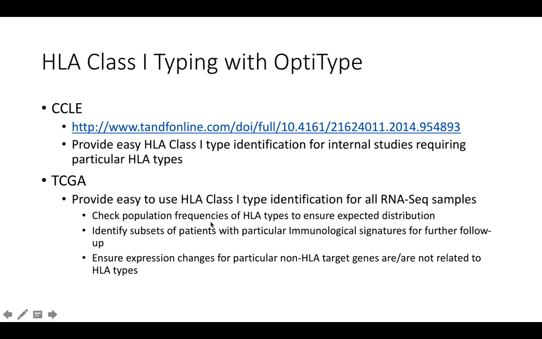You could potentially identify subsets of patients with particular signatures for further follow-up. And you can also do things like, if you found a target gene where you're seeing an overexpression, ensure that every sample that's upregulated isn't a particular HLA type. It probably wouldn't be, but these are the types of questions that I've been told people would potentially use this for.